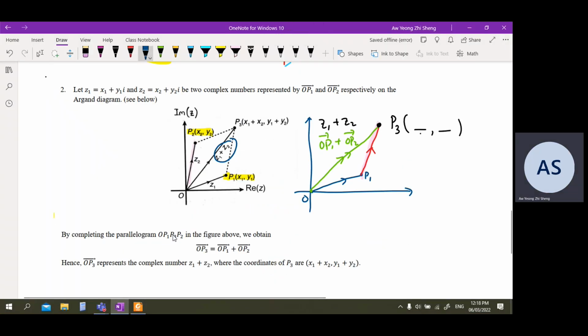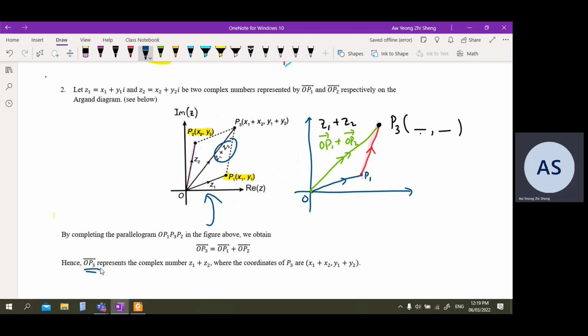Okay. By completing the parallelogram OP1, P3, P2 in the figure above, so it's referring to this printed diagram here. Okay, so we started off with vectors OP1 and OP2, then they say you complete a parallelogram using the dotted line, and then the vector that starts from the common starting point O to the opposite vertex of the parallelogram, it will be the resultant vector of OP1 plus OP2.